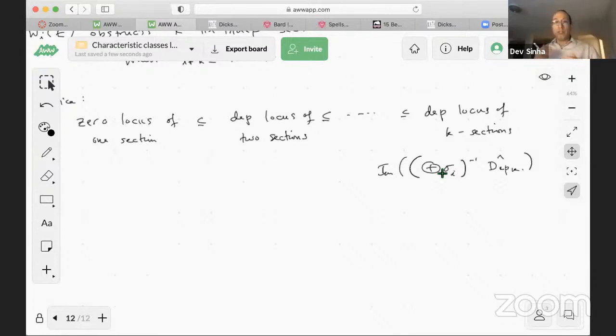So normally you might think of an obstruction theory like, well, do you have one non-zero vanishing section? If so, then it makes sense to ask, well, can I have two, etc. And here what we're doing is we're measuring each of these cohomologically or homologically.